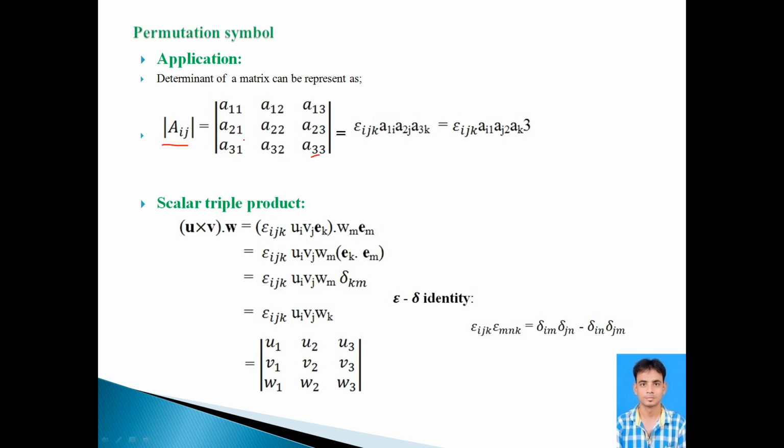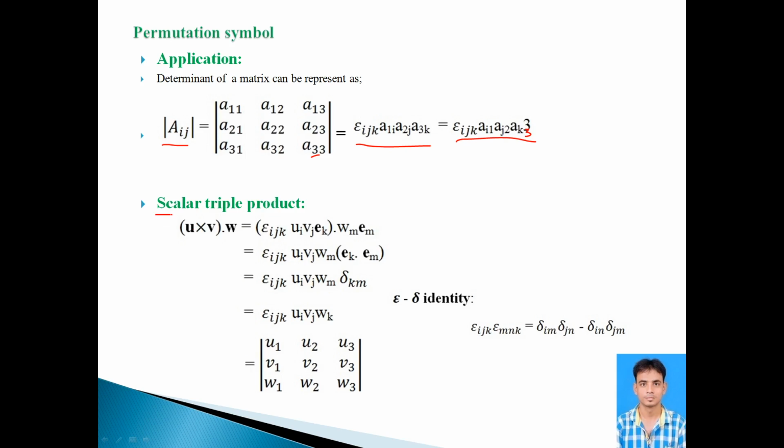These are the 9 components of the determinant, and this determinant can be represented as epsilon ijk a1i a2j a3k, and similarly it can also be written like this.